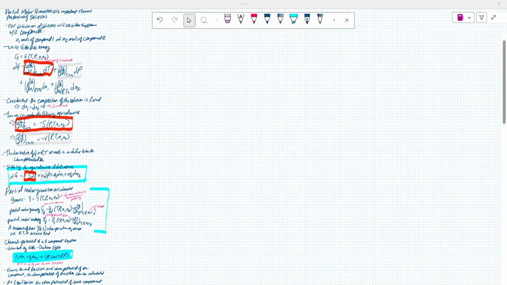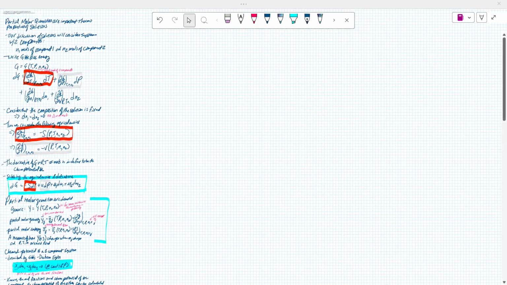So let's now summarize what we have talked about today. Today has been a discussion about partial molar quantities in thermodynamics and properties of solutions. Solutions are obviously pretty important to PChem because much of what the human body operates on assumes that things are going to be in solution, right?